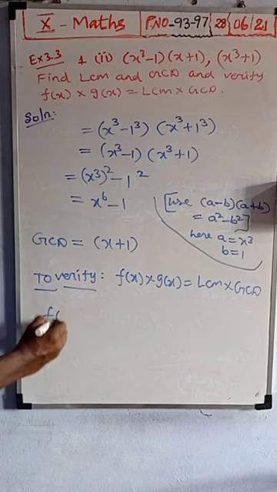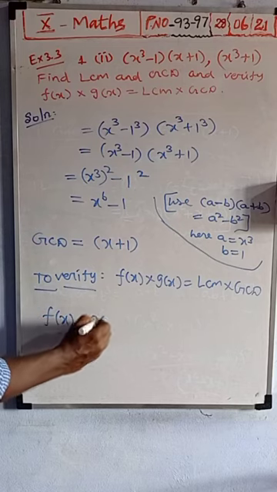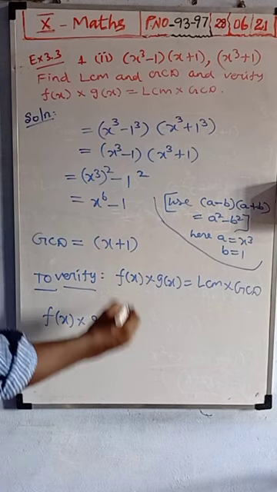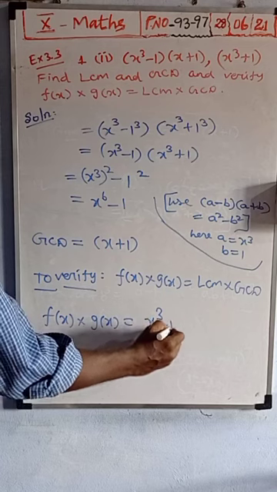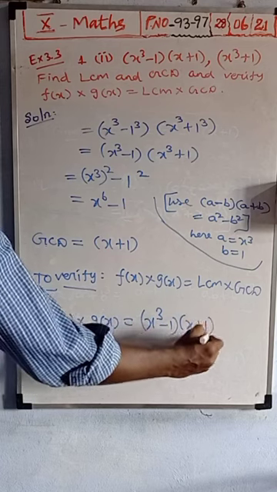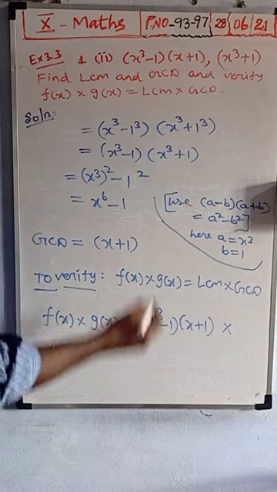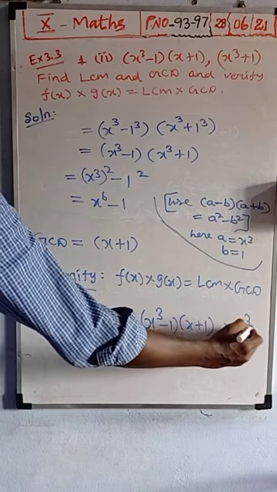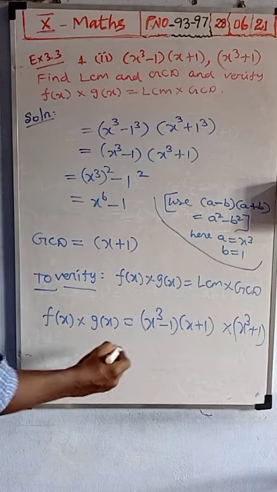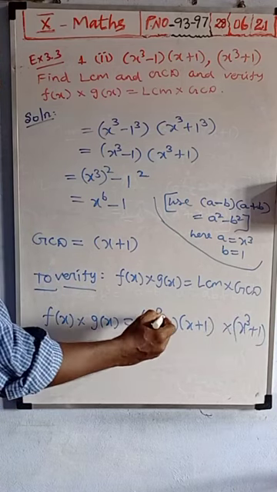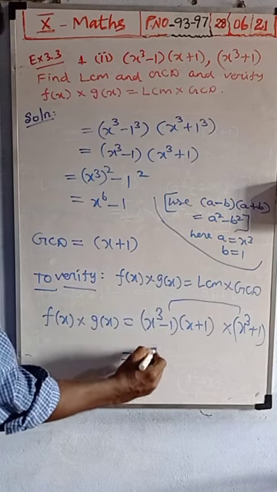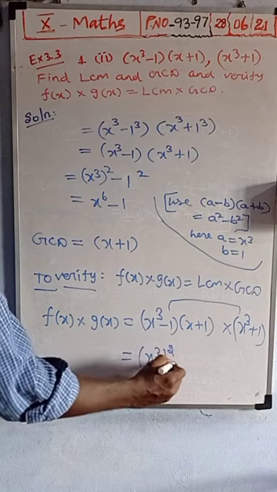So f of x into g of x: f of x, the first polynomial, is x cube minus 1 into x plus 1, into g of x, which is x cube plus 1. Now you should multiply this.